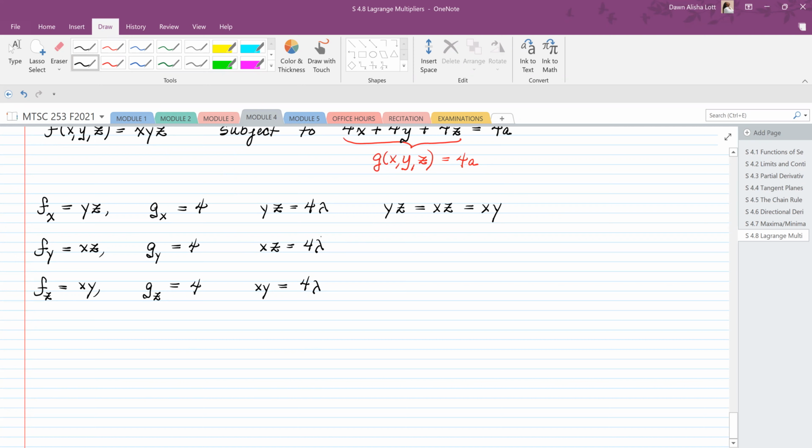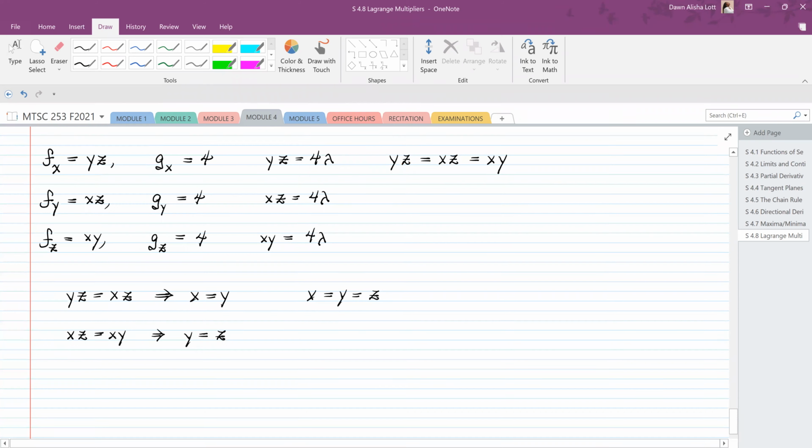Now yz equals xy says x equals y, and xz equal to xy says y is equal to z. So that tells me that x is equal to y is equal to z.